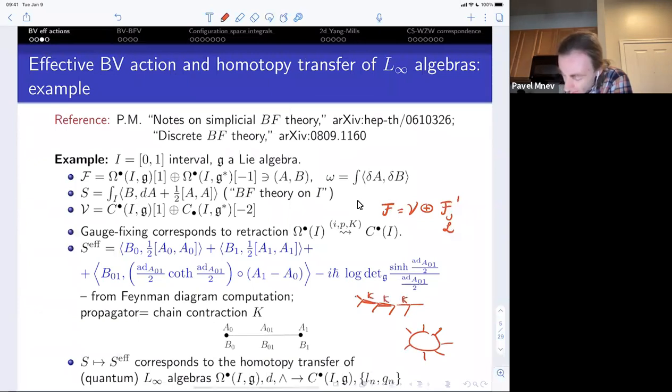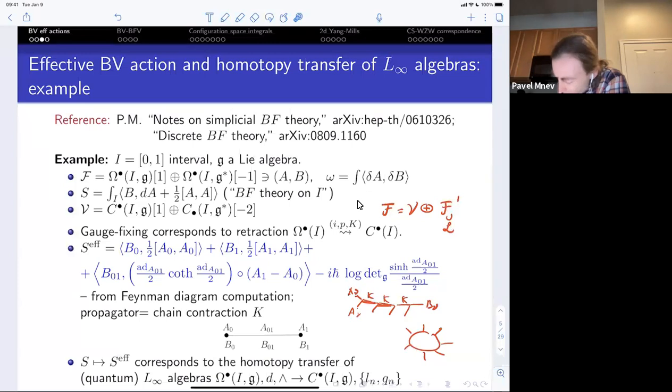And the leaves are decorated by this residual A field, the cochain version of A, and the root is decorated by the chain B field. And I just wanted to write down the full answer of this computation. It's a neat one.